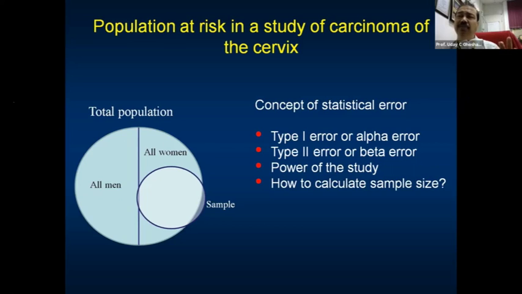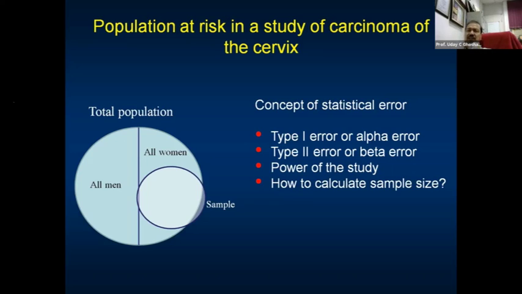This is called type 2 error. So type 2 error means falsely you are concluding that there is no difference, but there is a difference. And type 1 error means falsely you are concluding that there is a difference, though in true sense there is no difference. Now, what is power of the study?